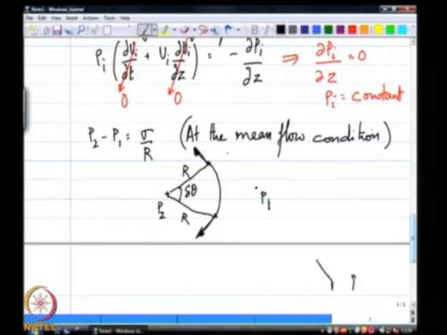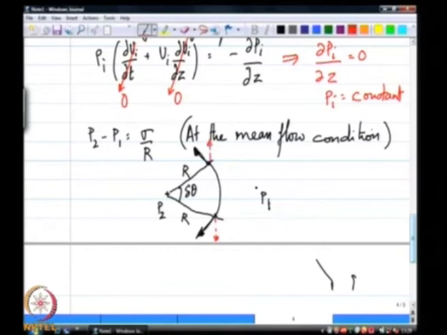So, if I cut the fluid at some point here and here, there is a surface tension force that acts in either direction, and this surface tension force has a component in this direction and a component in this direction.